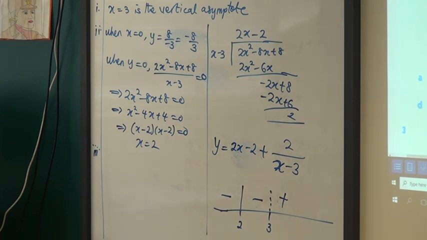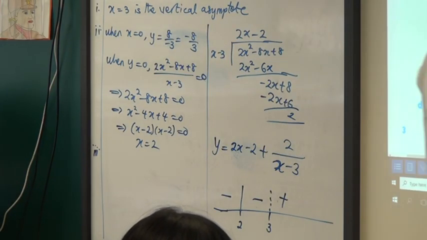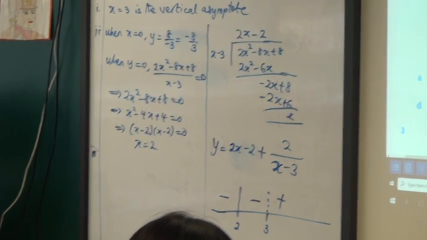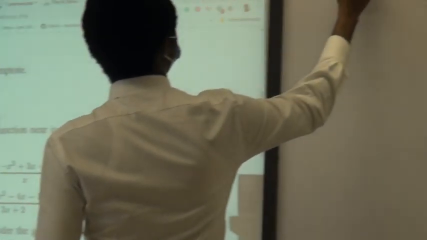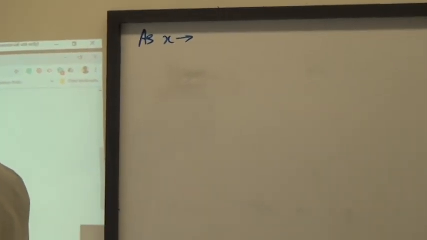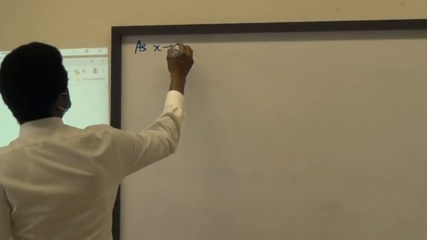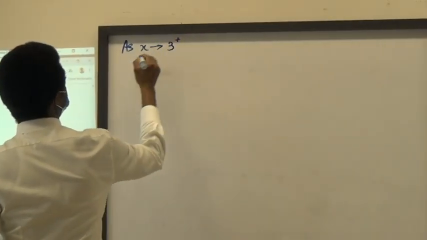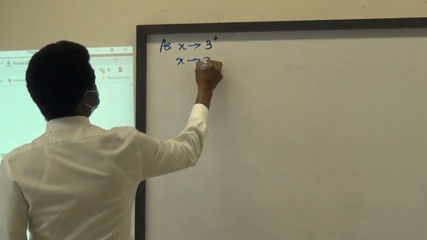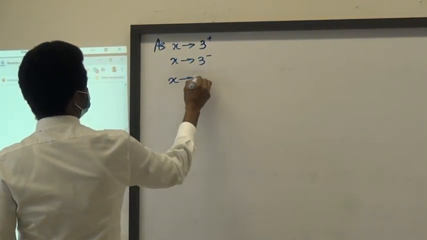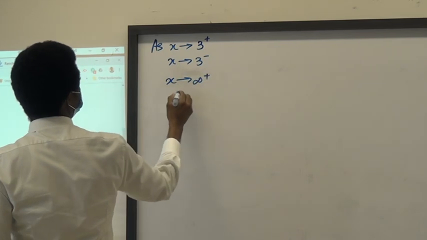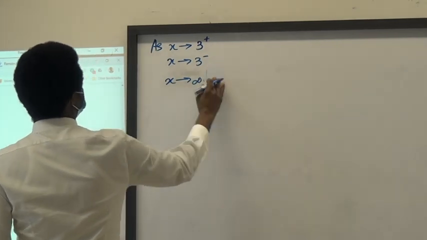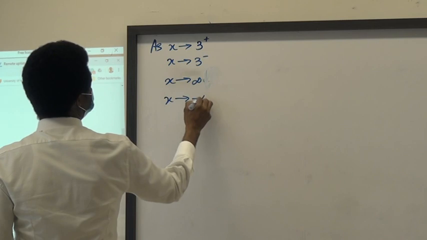So quickly, let's look at the behavior. There is only one vertical asymptote, which is 3. x tends to 3 from above, x tends to 3 from below, then x tends to positive infinity, and x tends to negative infinity.